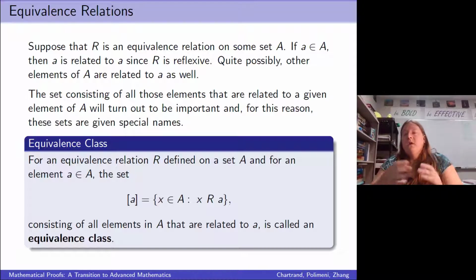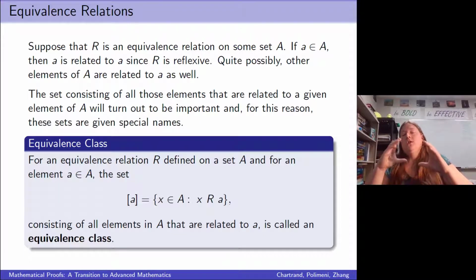Sometimes we want to talk about things to do with an equivalence relation. So say we have an equivalence relation and we have some element a in our set A that the equivalence relation is defined on. Then we put square brackets around a and we're calling this the equivalence class of a.